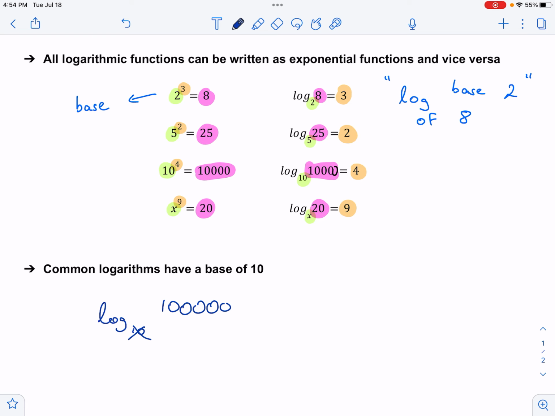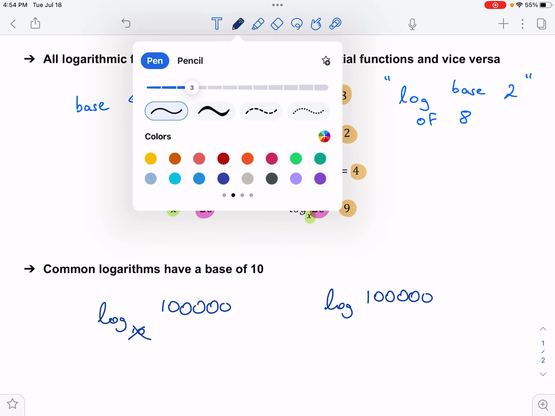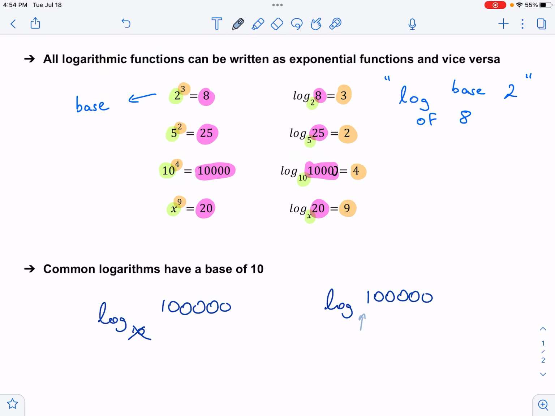It's just assumed. So you could just write log of 100,000, and that would be it. And you would assume that the base, if I were to do this in really light, is the presumed base 10. Okay, that's there.